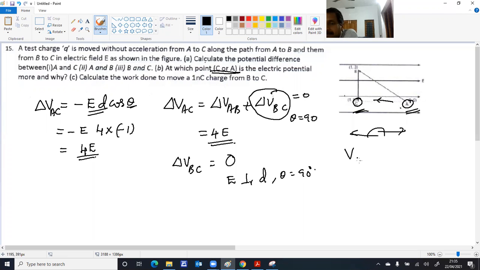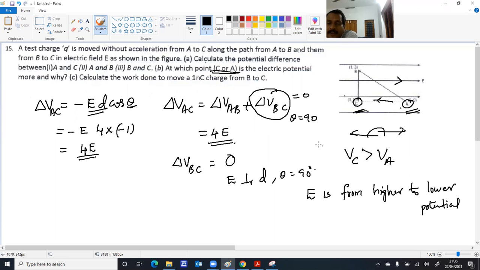Electric field is directed from higher to lower potential. That means VC is greater than VA.